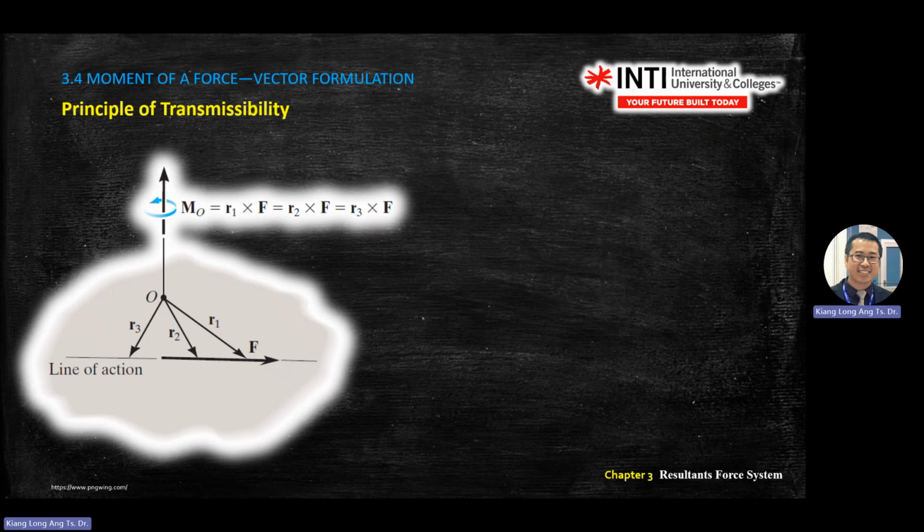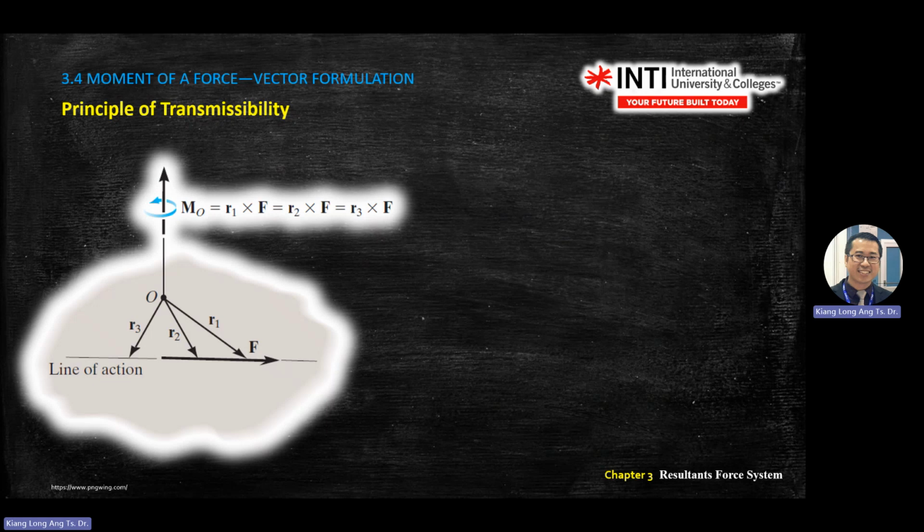Okay. So if this is O to the F, if we extend, let's say I extend the R arrow forward again. So R cross F, I still get pointing up, with anti-clockwise direction.